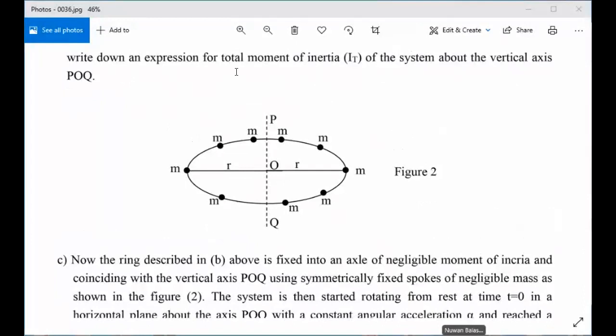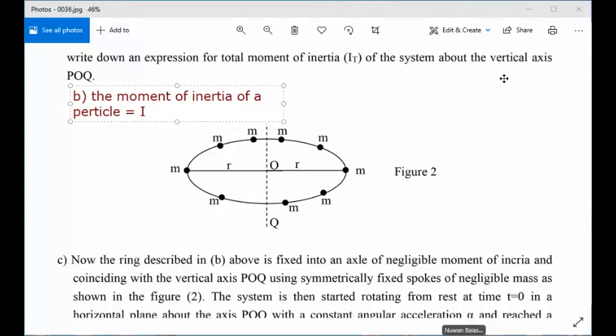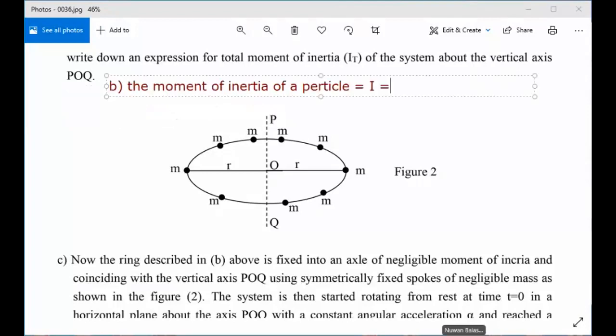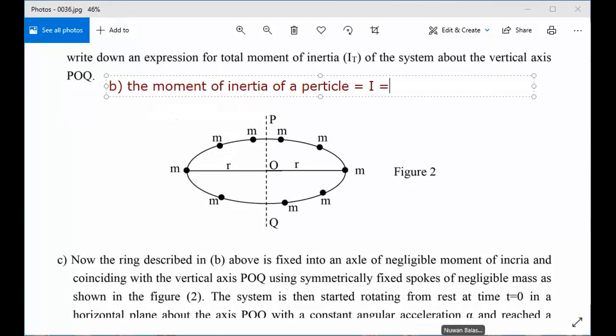We are going to answer the simple B question. They have given this data. The moment of inertia of a particle, they have given I. But what is the normal expression that we write for the moment of inertia of a particle, dear? mr square.